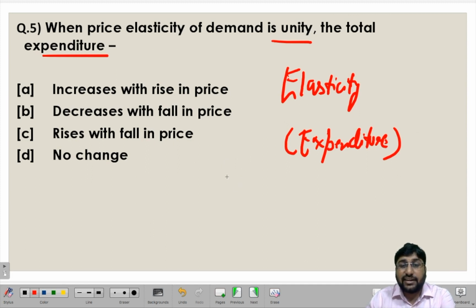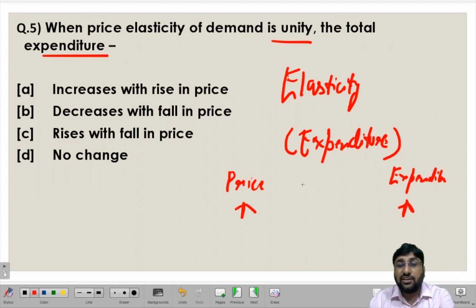Let us say that you consider your price as well as your expenditure. Whenever there is a rise in price and the expenditure also rises, so they are moving in the same direction, then without giving a second thought, you can say that the elasticity would be less than 1.